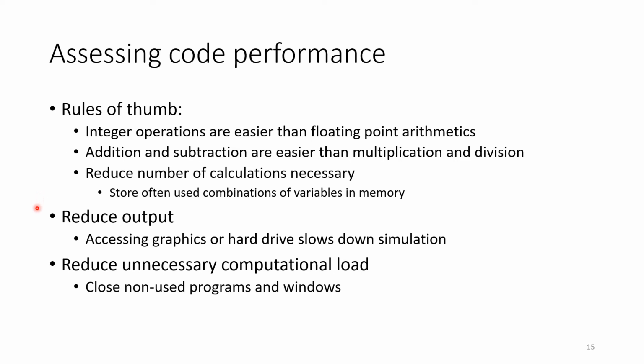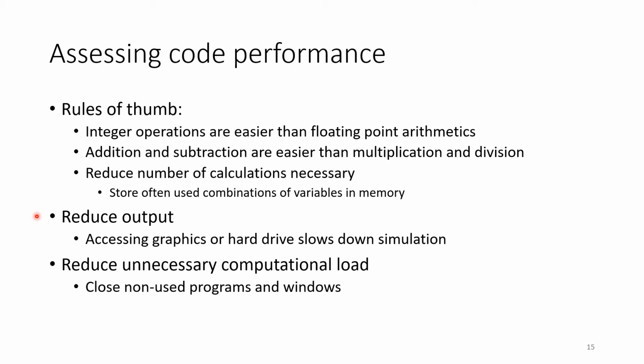As a user, you can do something like reducing the output, right? Generating a graphical output, showing you the pressure distribution at each time step, slows down your simulation, because your computer will stop the calculation and execute the necessary commands. The CPU will talk to your operating system, to your main board, run the commands to the graphical processing unit.